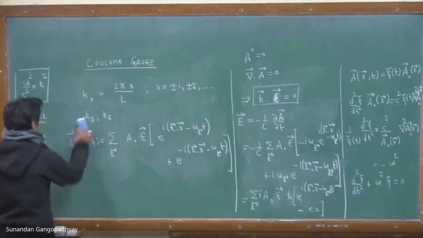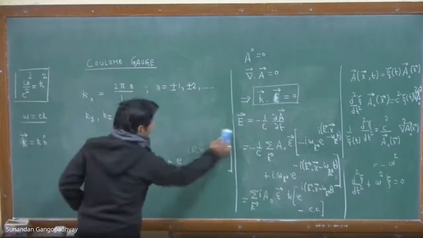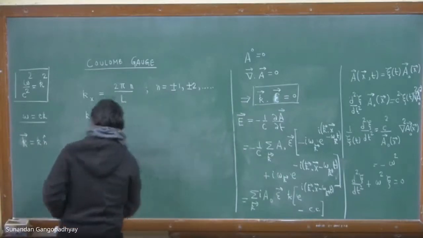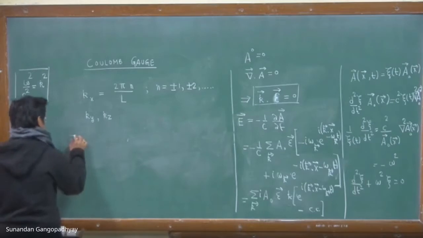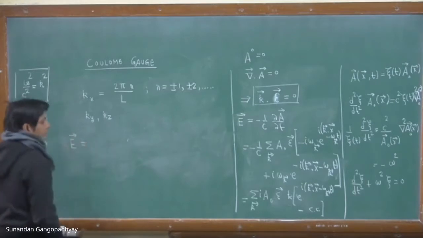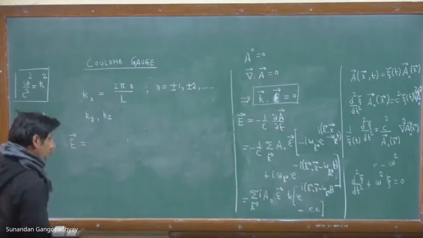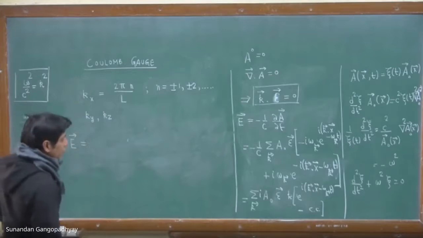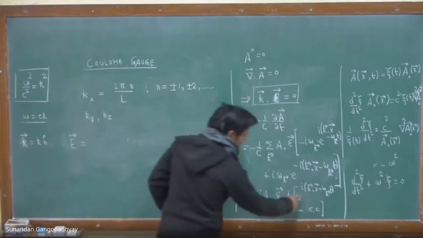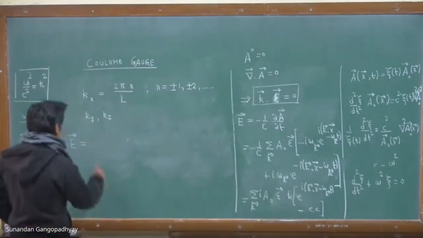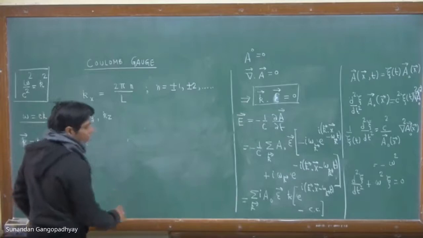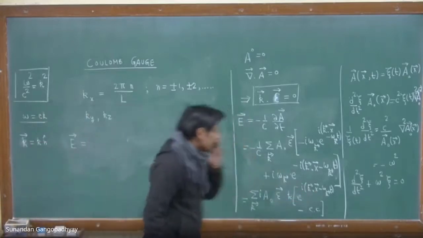And now you can write the E vector in the following way. You see that this is divided by 2i, or you can keep it for the timing, let us keep it in this way.